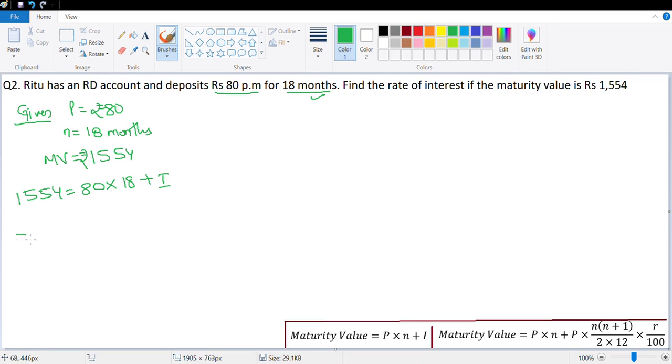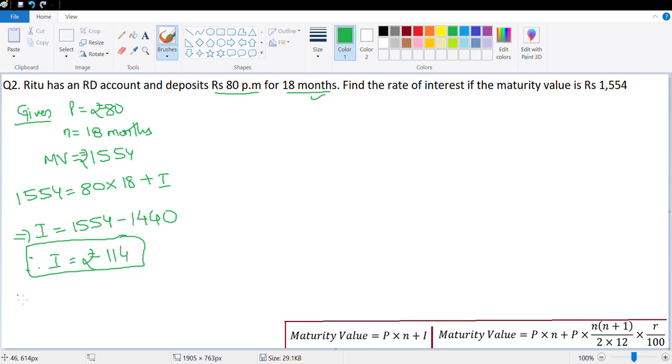We'll calculate the interest. So interest would be equal to 1554 minus 80 into 18. That's 1440, which means interest is equal to rupees 114.